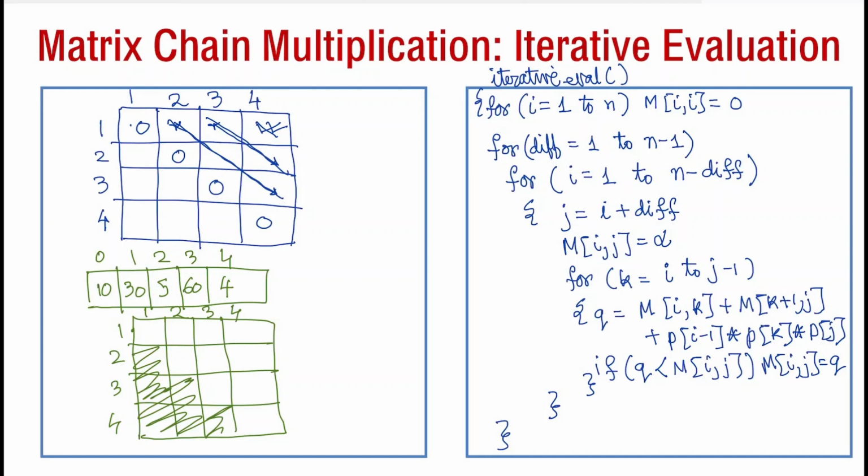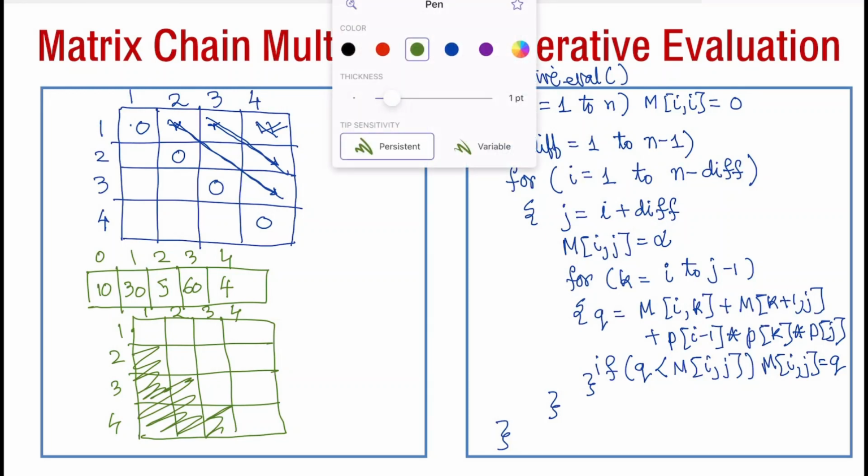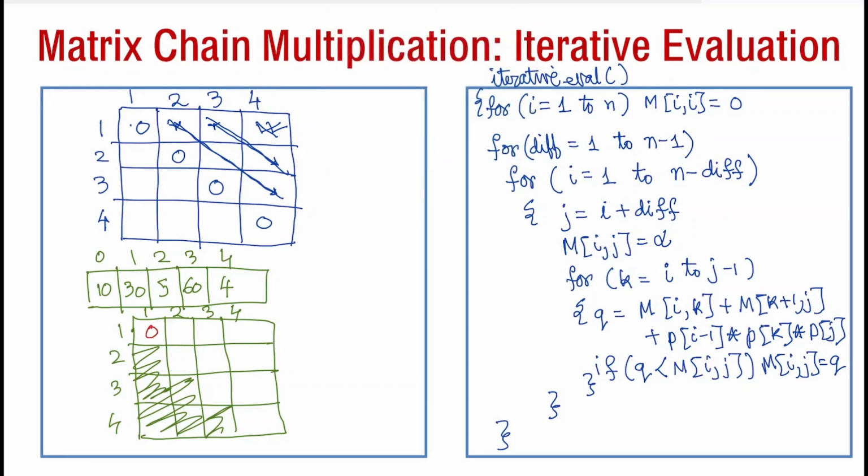So this is how we compute. We initialize in the first round, set all this to 0. Then when diff is 1, we compute M12, and M12 is computed based on this formula, 10 into 30 into 5, so it will yield 1500.